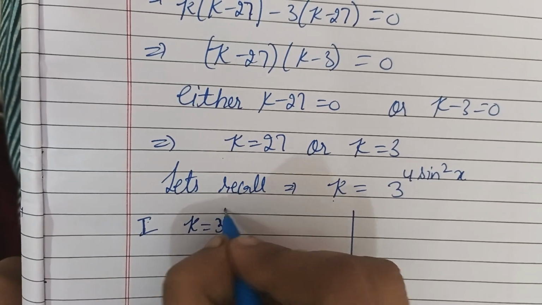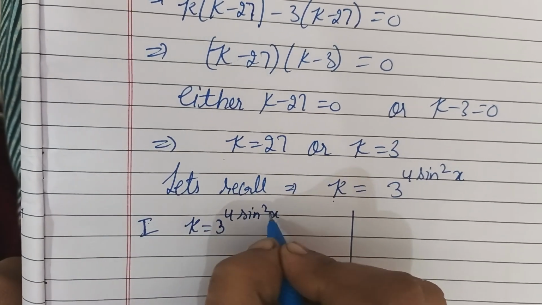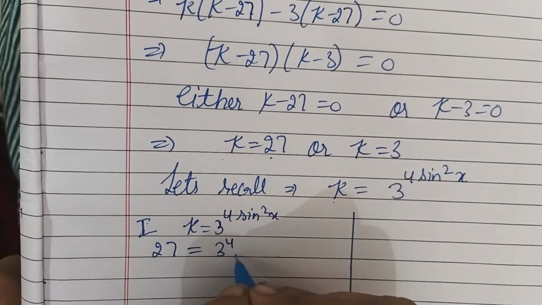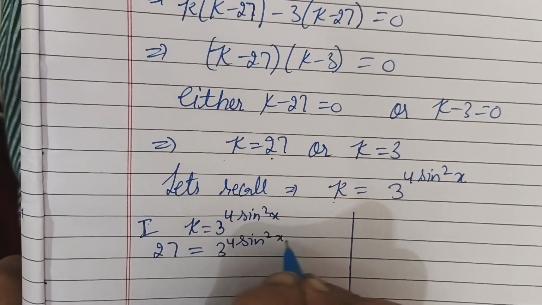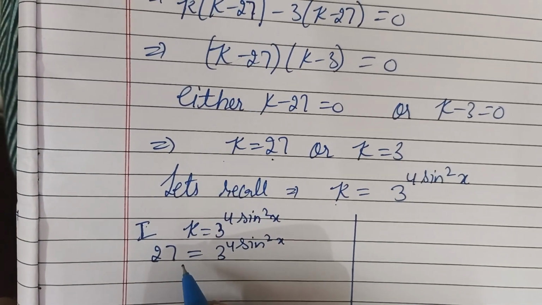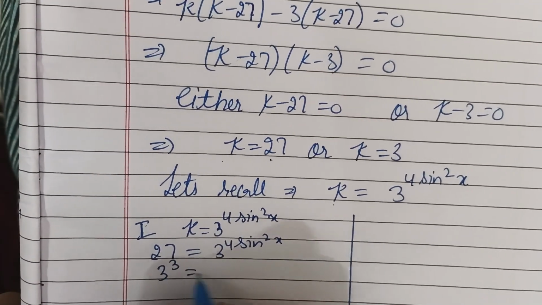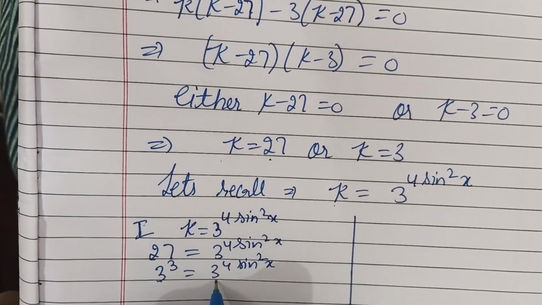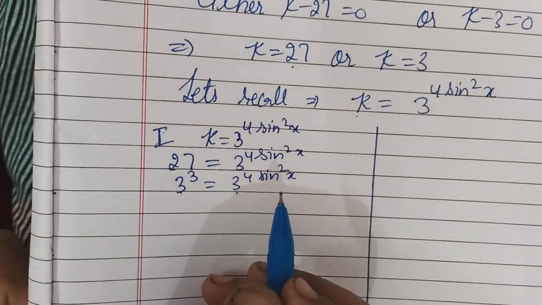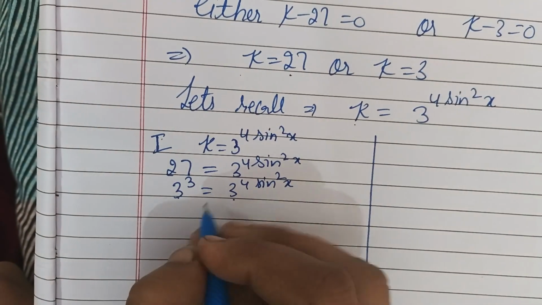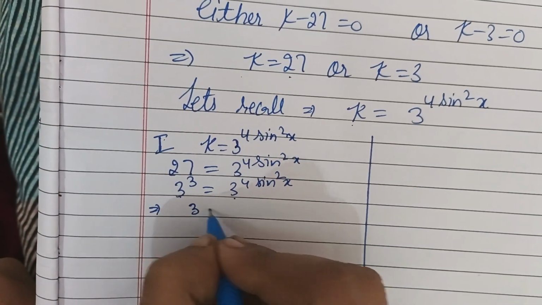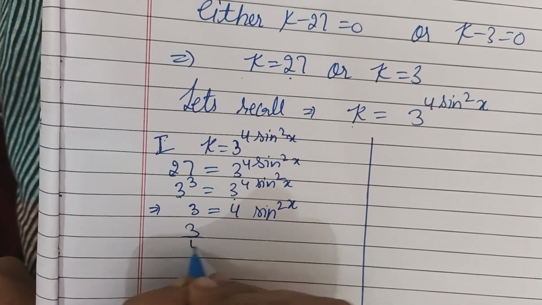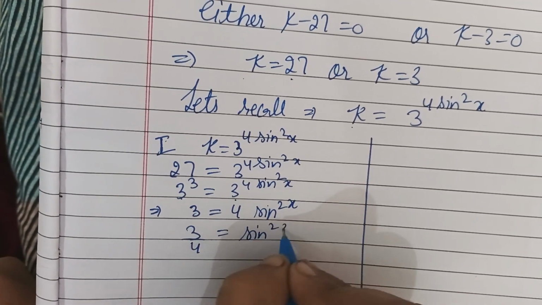Let's say k equals 3 raised to power 4 sine square x. Now k is 27. It means 27 equals 3 raised to power 4 sine square x. And 27 we can write as 3 raised to power 3. Now if bases are same, the powers are equal. Here the bases are same, so powers are equal. This means 3 equals 4 sine square x, or you can write 3 by 4 equals sine square x.